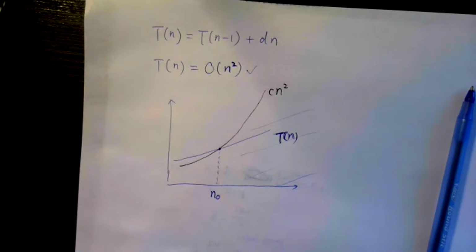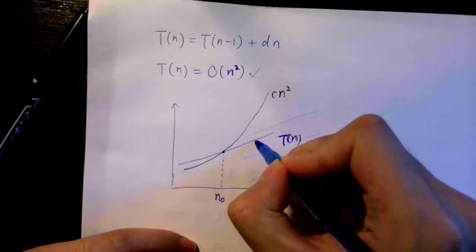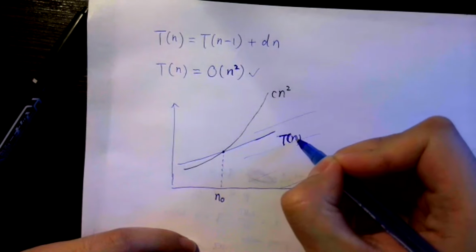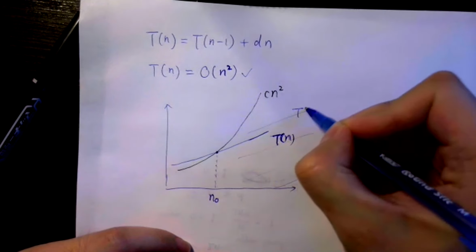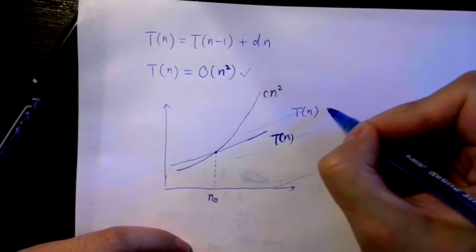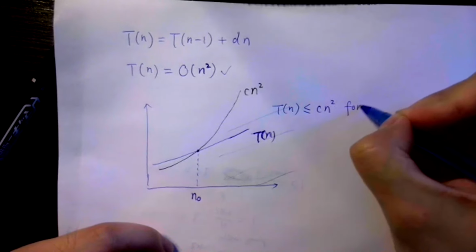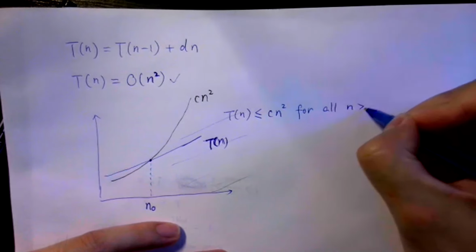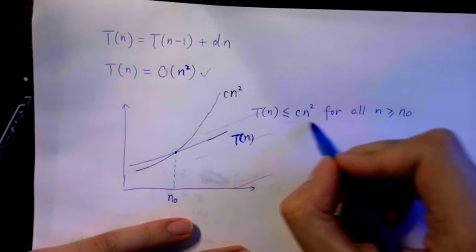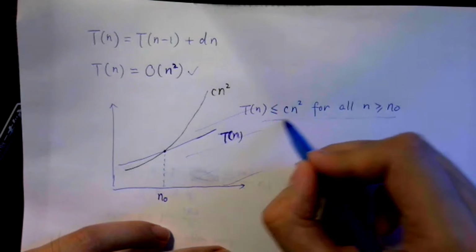So the practical question is, how do we show that T of n should be lower than c times n squared for all n greater than n0? We basically need to use mathematical induction to prove this.